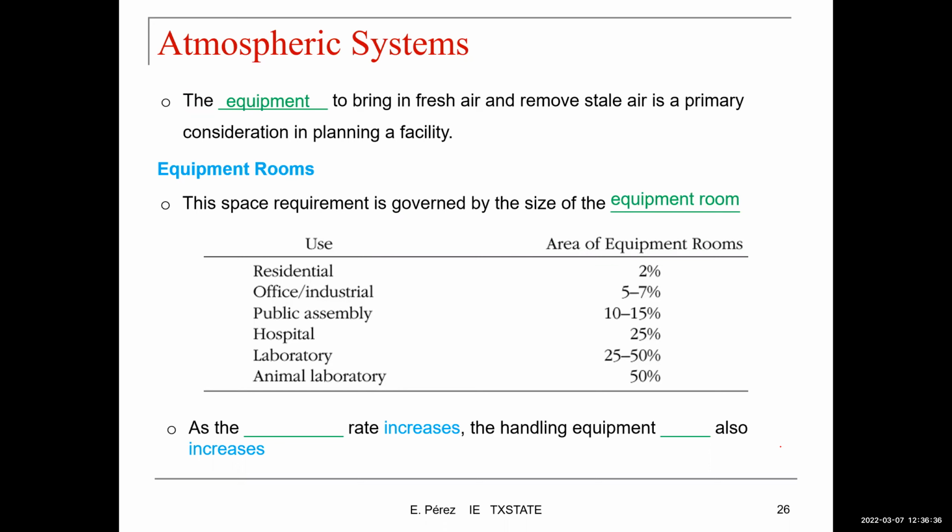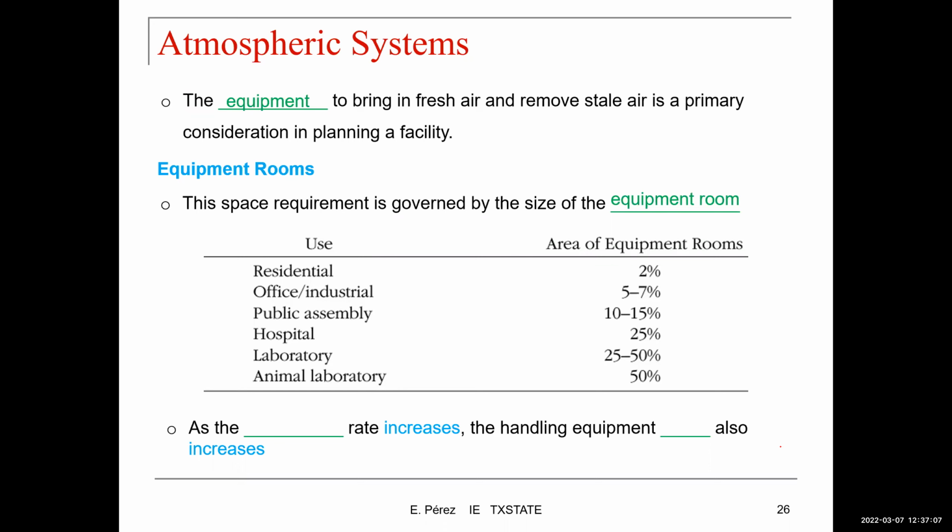So depending on the type of building that you're designing, you have to make sure that you leave some space to place this equipment that you're gonna need. And this table is showing you some of the percentage of area for the equipment rooms. So residential 2%, office, industrial 5 to 7%. As you go down this list, you see how those requirements increase.